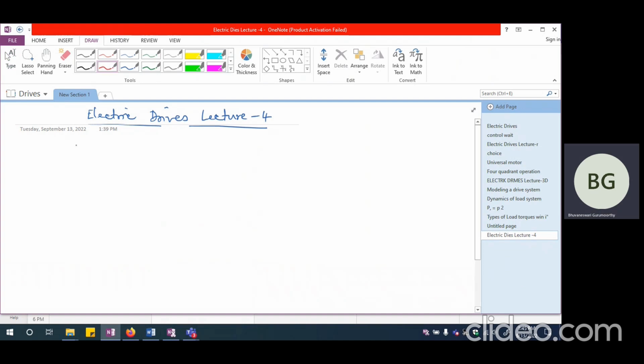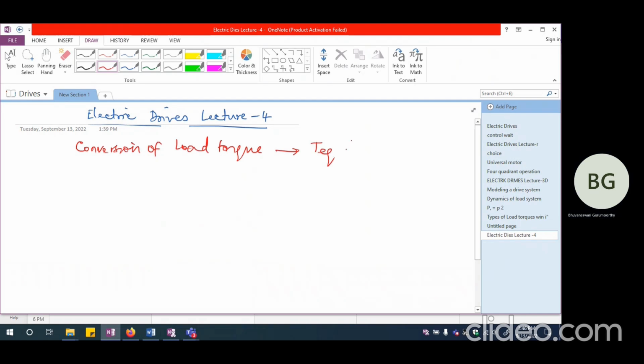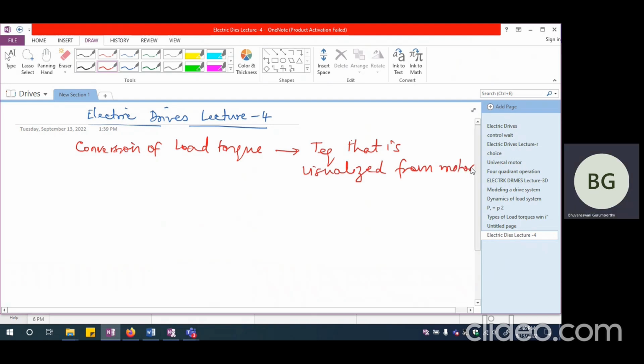One is conversion of the load torque in such a manner that we get the equivalent torque that is visualized from the motor shaft. This is one thing we talked about repeatedly.